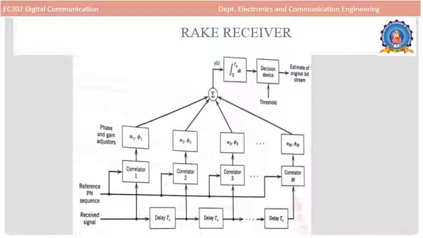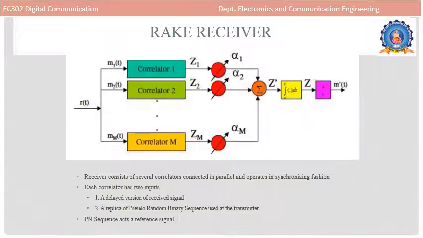This portion is a normal receiver, what we do on the receiver side. So in a rake receiver, additionally there are m correlators and phase and gain adjusters. This is mainly used for multipath component reception.